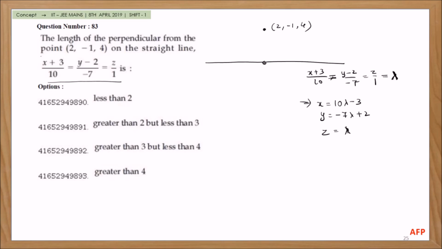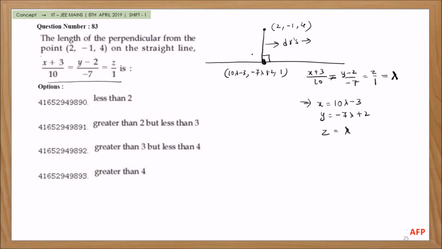So take a point here: (10 lambda minus 3, 7 lambda plus 2, lambda). So join it, this is the perpendicular. How to find the direction ratios of this line?